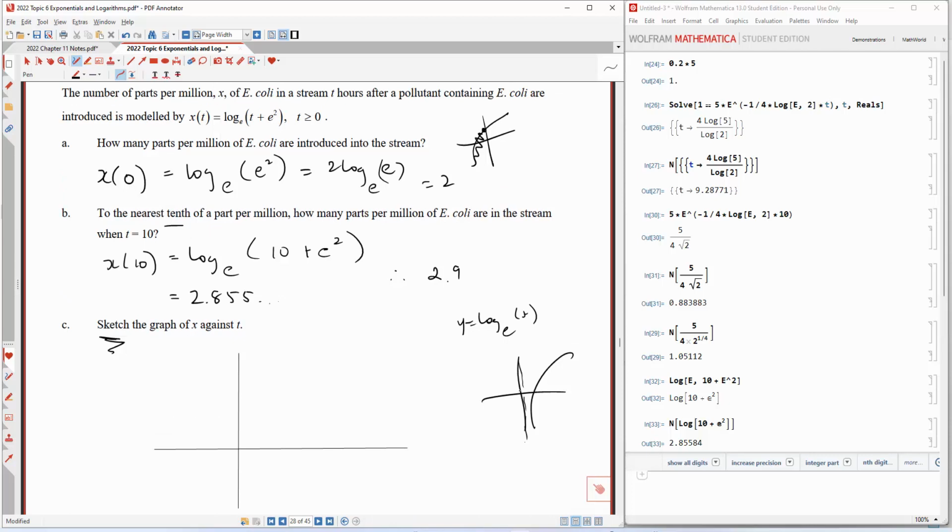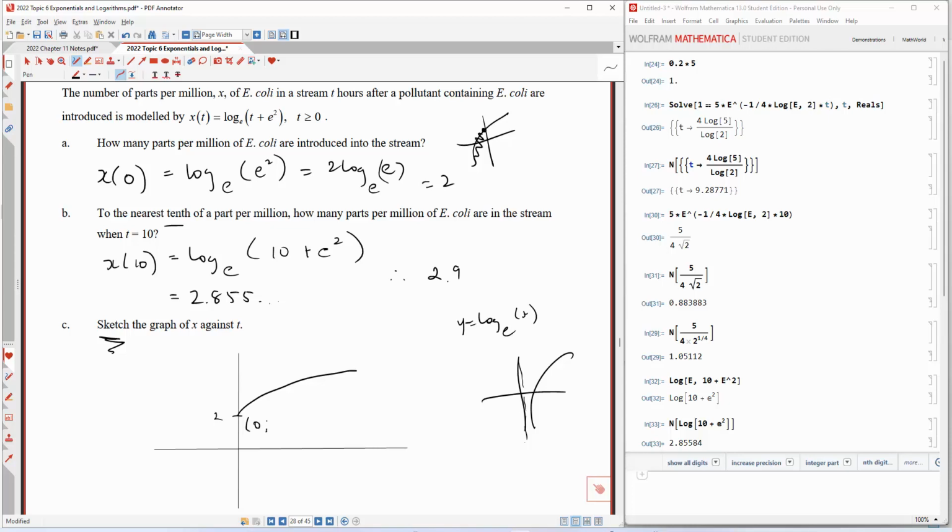So e is 2.7, so let's go roughly 3 squared is roughly 9, so it moves roughly 9 units to the left. The y-intercept is going to be 2, and what it would do is come up through the y-intercept like so, pick up around about here, then continue off in this direction.